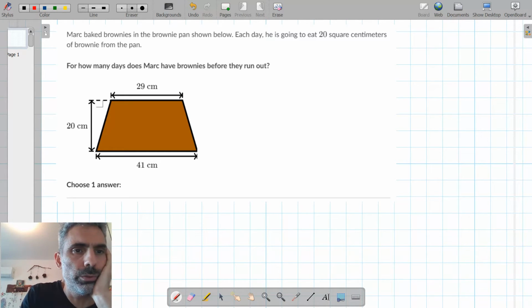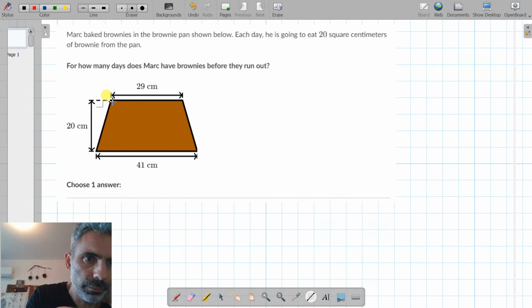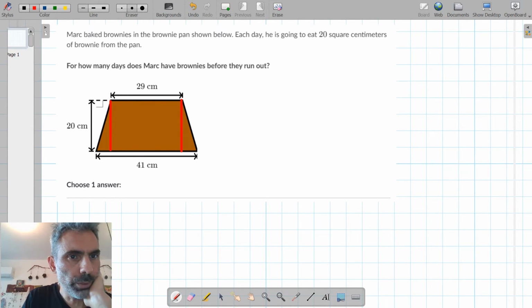One way to calculate without using the formula for the area of a trapezoid is to separate the area into a rectangle and two triangles, because we haven't learned yet the formula for calculating the area of the trapezoid, so we can do it like so.